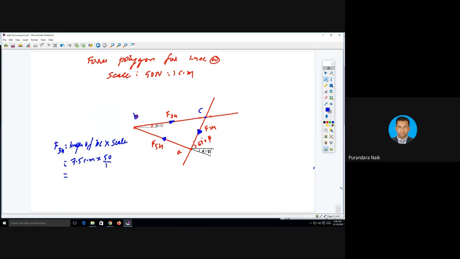Can you tell me the answer for F34? 375 Newton, towards right.